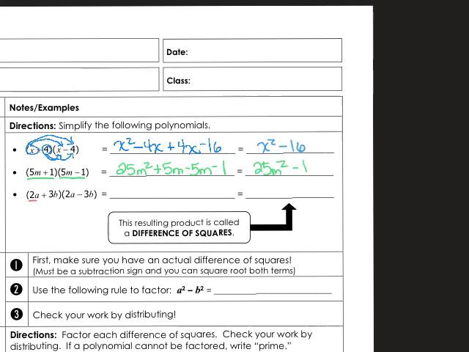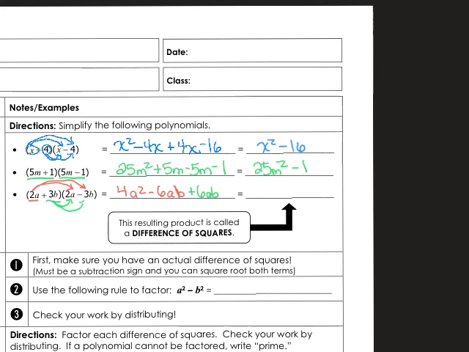So again, we're going to distribute the 2a to this 2a, and we get 4a squared. We distribute the 2a to the -3b. We get -6ab, and we write it that way because standard form dictates alphabetical order. Next, we're going to distribute the 3b to the 2a, and we get plus 6ab.